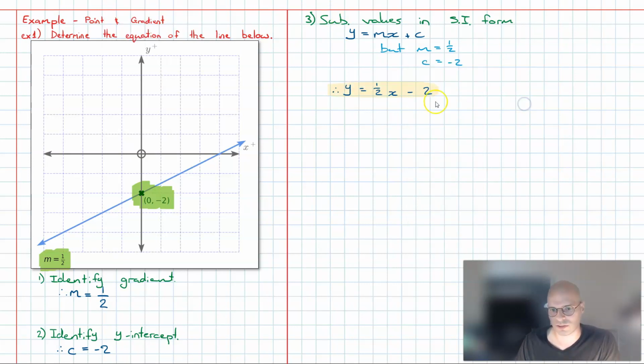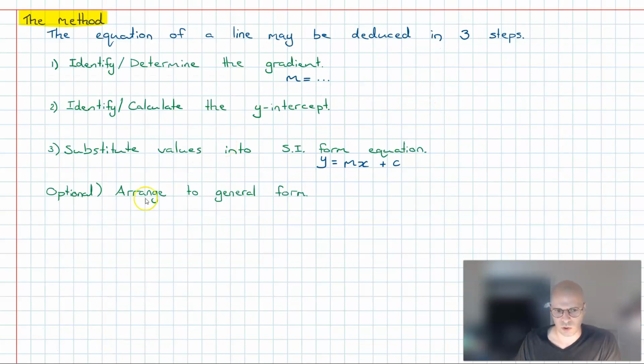Now there are some instances where we need to go further than this. So what we can do is rearrange this form over here into something called general form. General form being in the form of ax plus by equals c, where a is always positive.